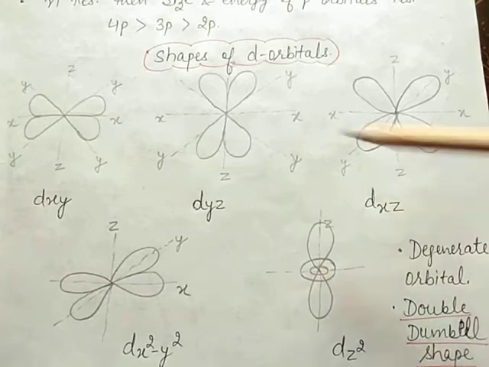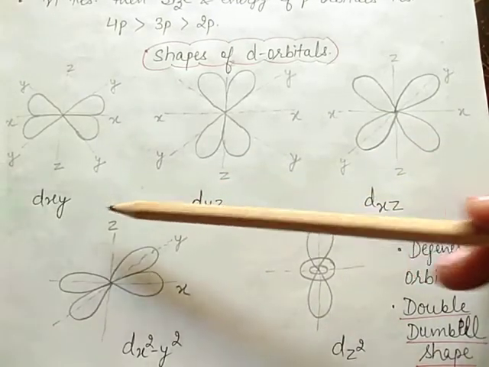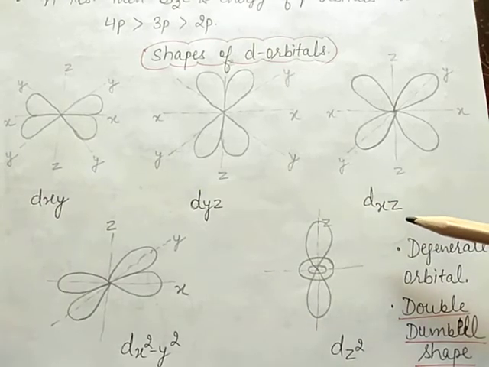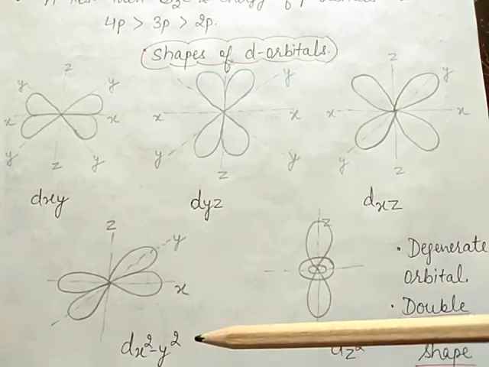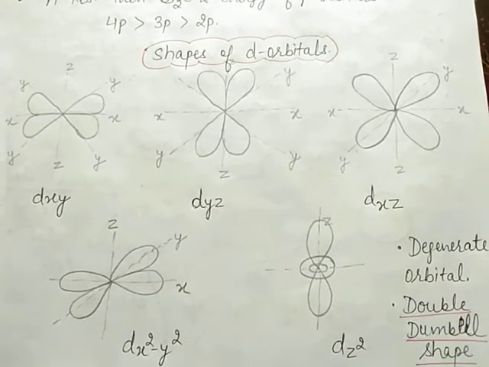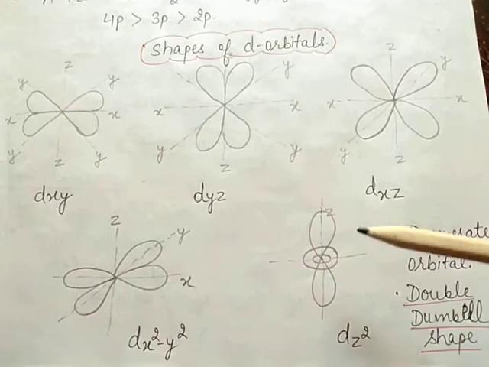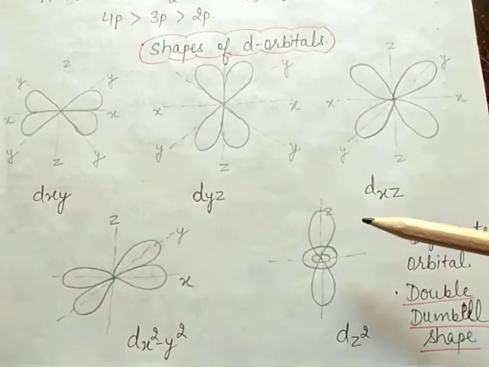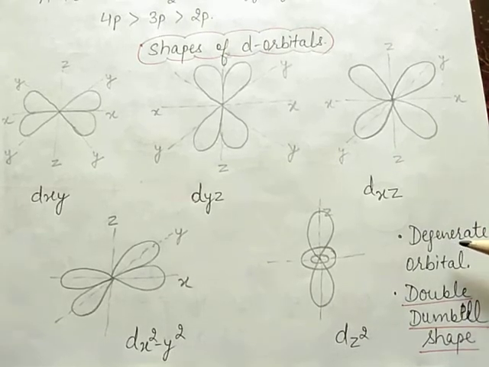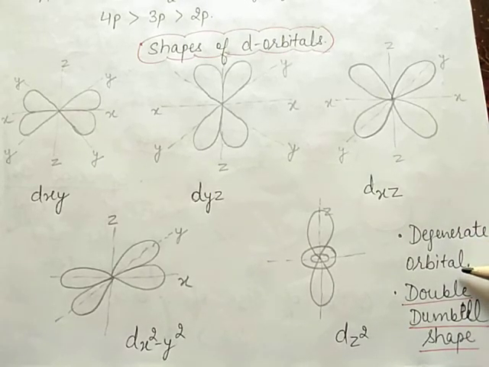All the 5 d orbitals, dxy, dyz, dxz, dx square minus y square and dz square, are of equal energy, so these are called degenerate orbitals.